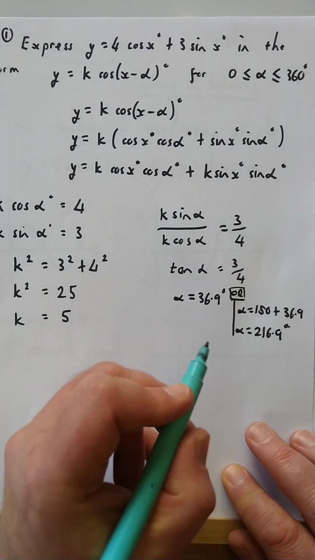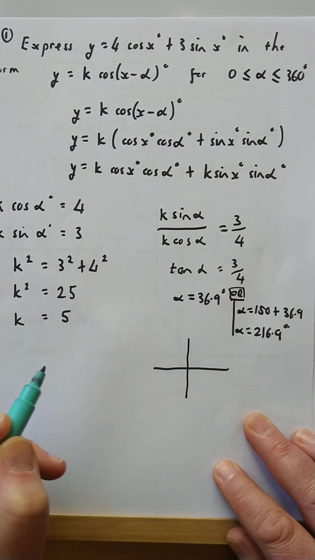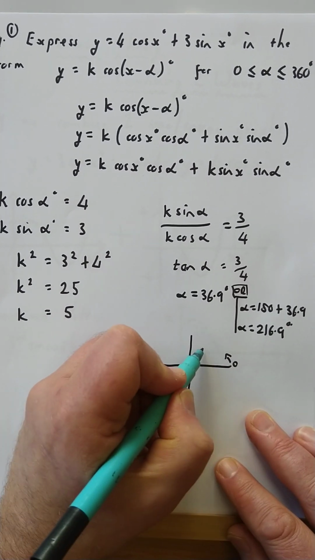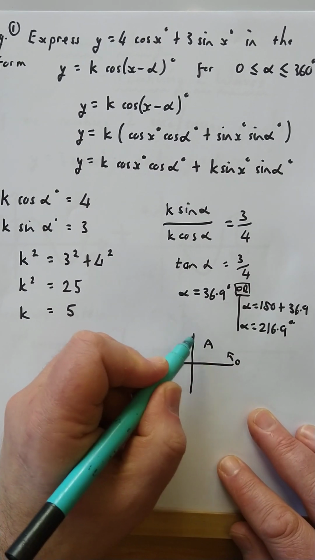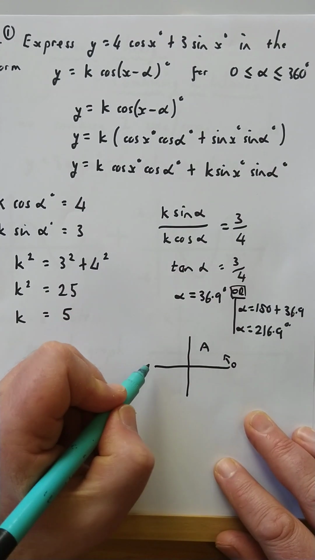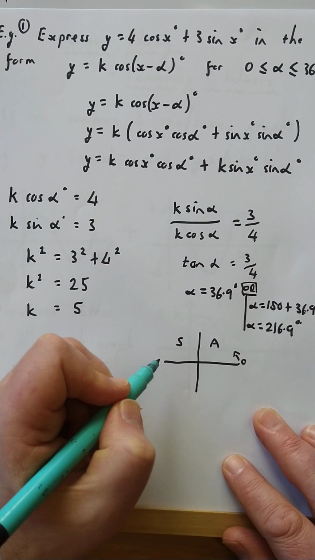Well, let's have a little look at the cast diagram. We know that all angles between 0 and 90, sine, cos, and tan are positive. We know from 90 down to 180, sine values are positive.